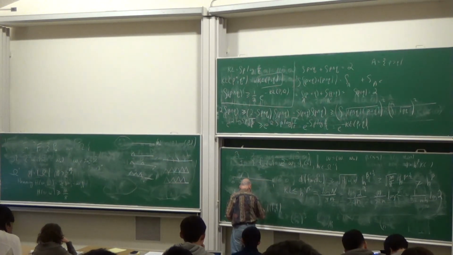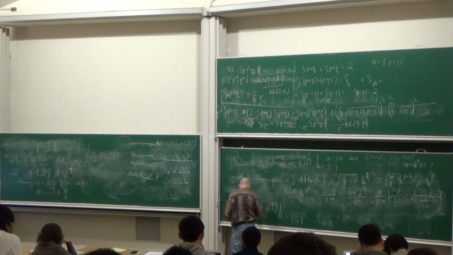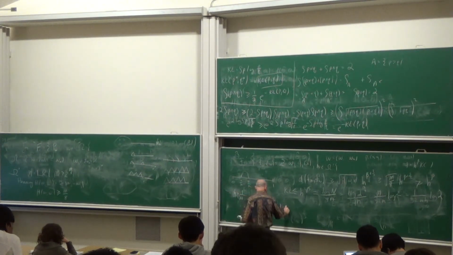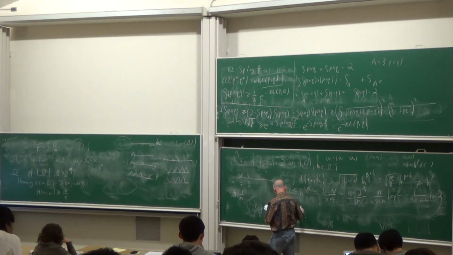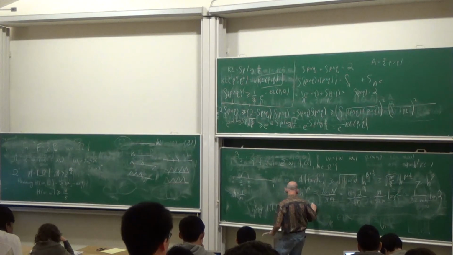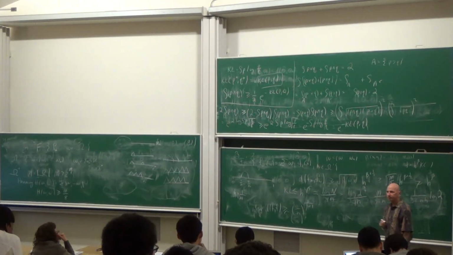Anyway, I'm just plugging into Fano's inequality now, and with those choices, you get C over n to the beta over 2 beta plus 1.